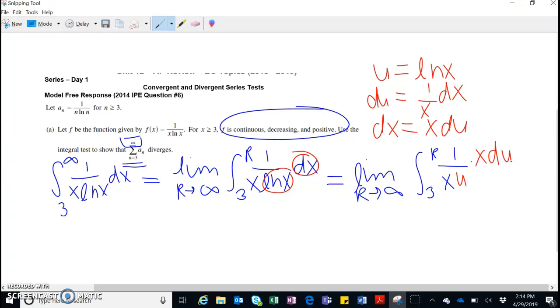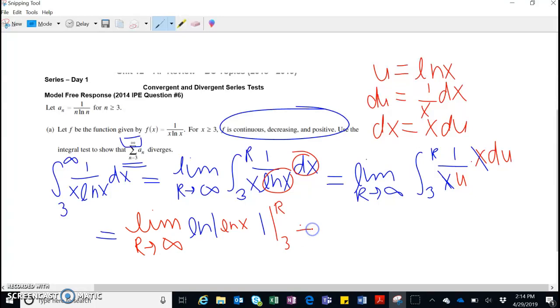The great thing about that is that my x's cancel, and the integral that's remaining is of 1 over u, and I'm pretty confident about 1 over u resulting in the log of u, and I'll go ahead and return that u in with our log x so that I can run this from 3 to r, and I'll remember to tack my limit on at the front. So thankfully this isn't horrible.